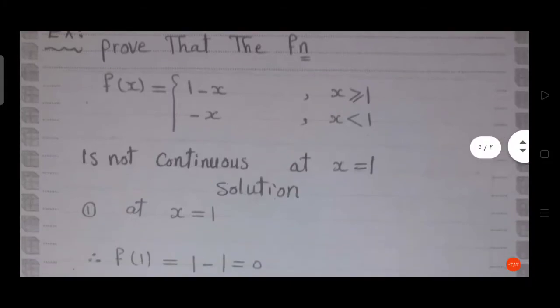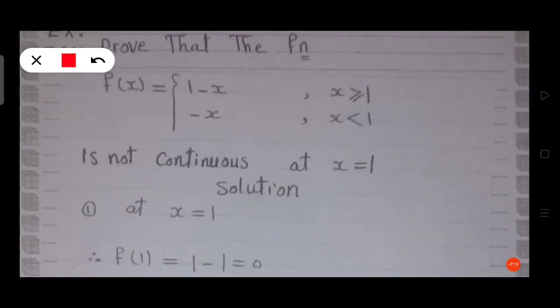Firstly, at x equal 1, we substitute x equal 1 in this function. At x equal 1, 1 minus x, that means 1 minus 1, which is equal 0. Then f of a equals 0, that means that it's defined.